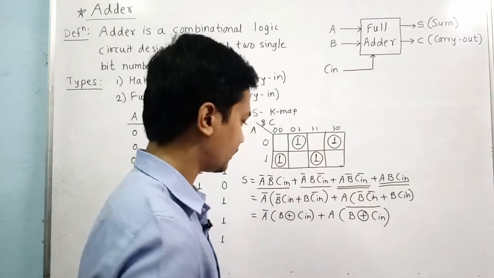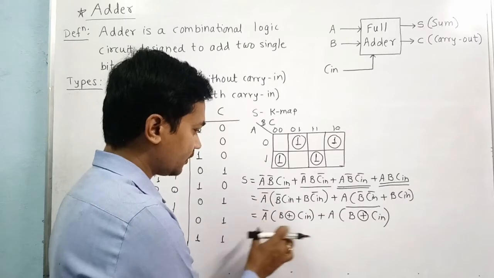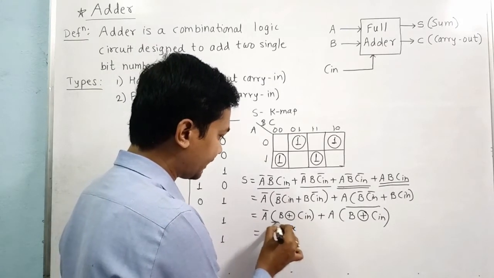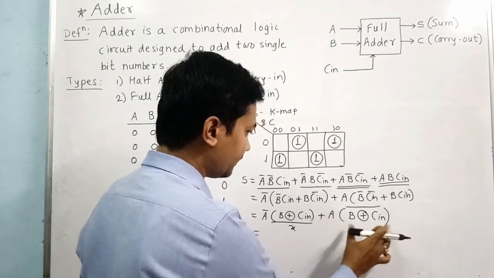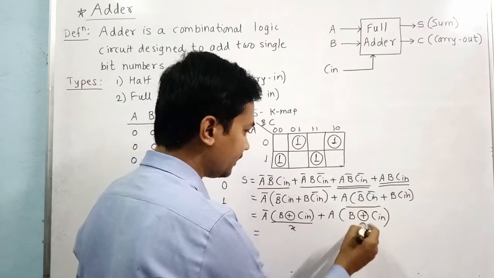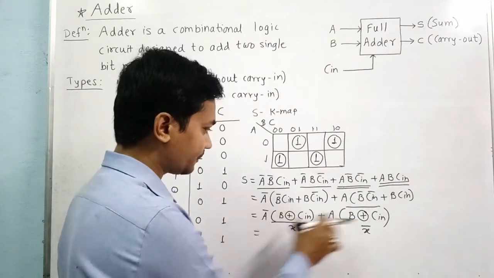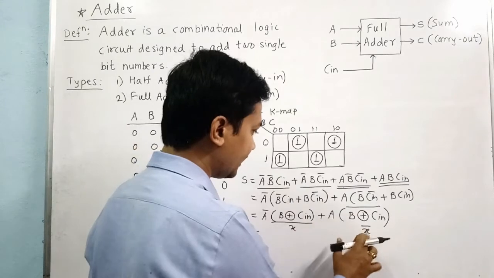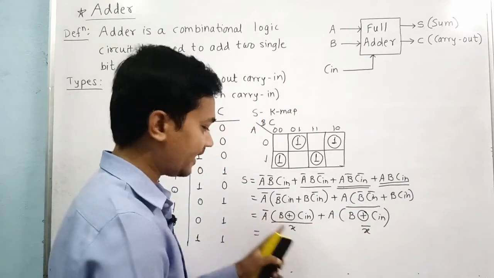Is it right? Then the next step: consider this bracket as my x, and the same bracket is having x bar. So if it is x, then this can be x bar. From this expression you can observe this is a bar x plus a x bar, so this is again the XORing of a and x.